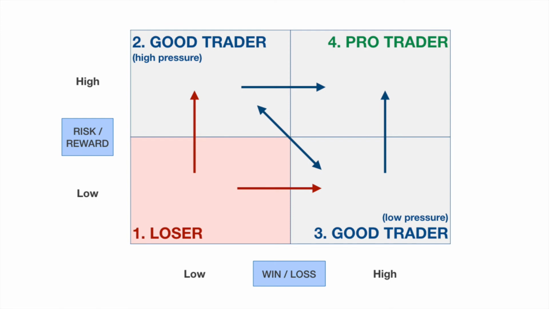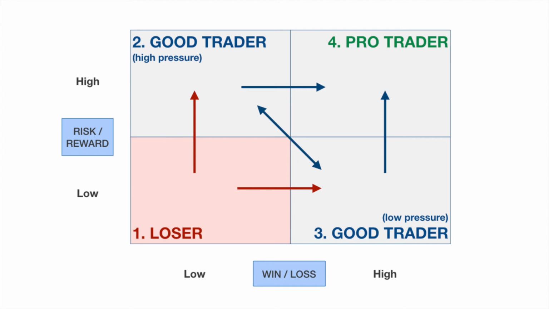It comes down to your preference, because maybe you are a trader who prefers more pressure, maybe you are a trader who wants to be more relaxed in this activity, but you can definitely and you should definitely target those categories.